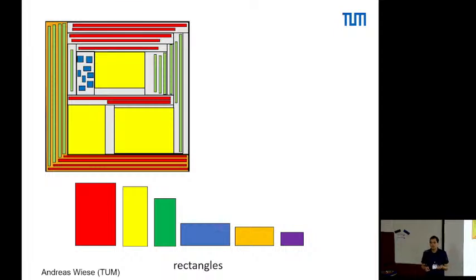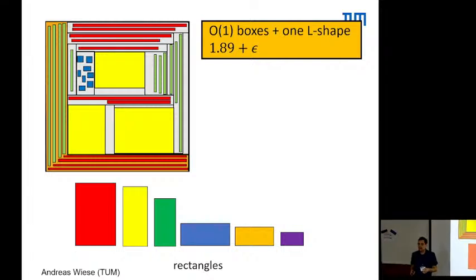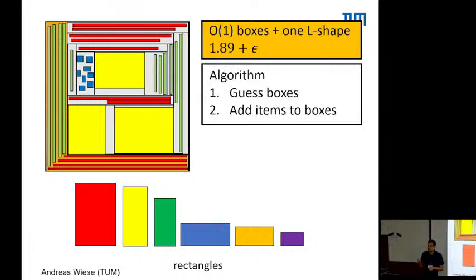And we proved that if you allow only one single of these L-shaped boxes, then actually you can break this barrier of 2, and we show that if you use a constant number of boxes like the ones from before and one L-shaped box or container if you want, then you can get an approximation ratio of 1.89 plus epsilon. And then the corresponding algorithm again first guesses these boxes, including this L-shaped container, and then adds the items to the boxes.